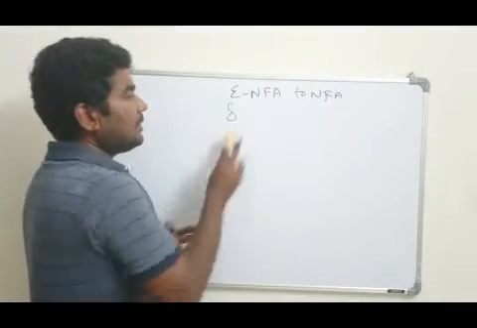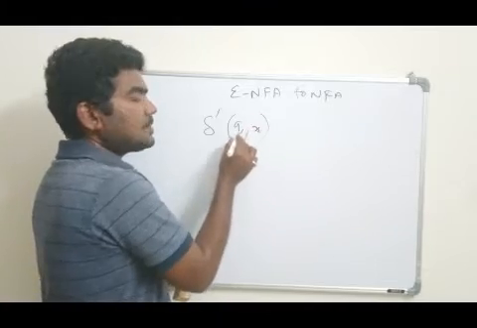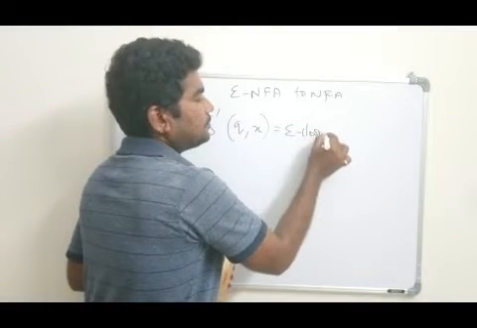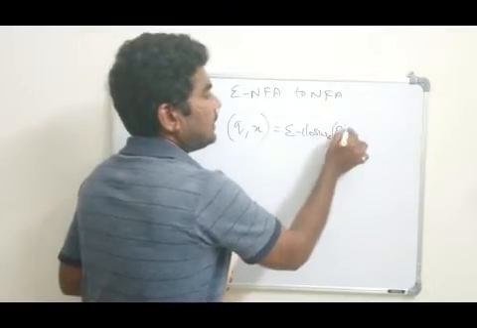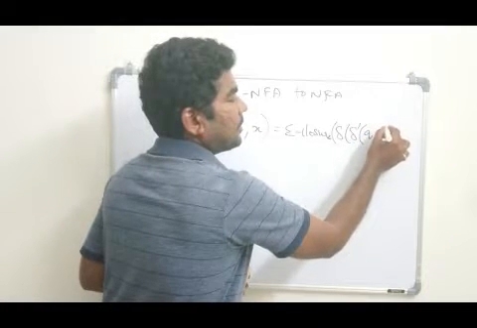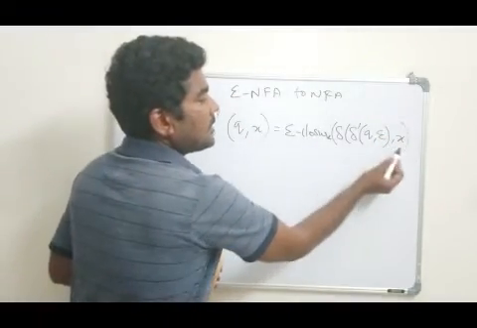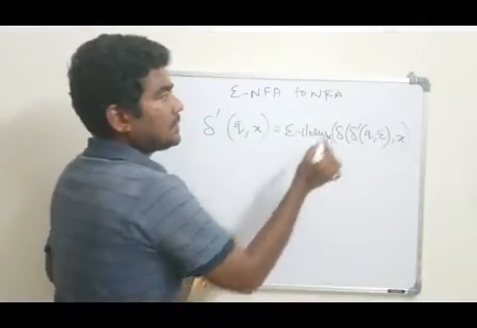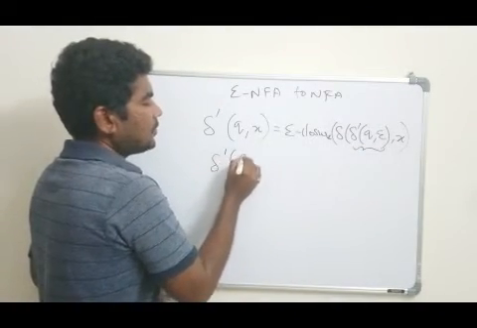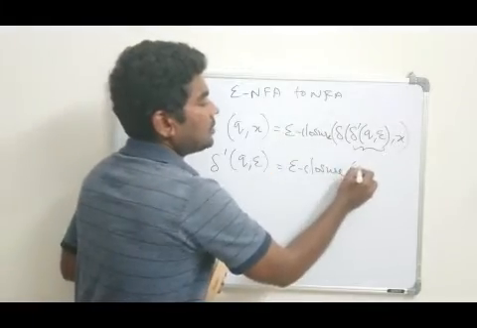Similarly, you frame a new transition delta dash of Q comma X, where Q is a state and X is an input. You need to do the epsilon closure of delta dash of Q comma epsilon X. And the value of delta dash of Q comma epsilon is the epsilon closure of the state Q.